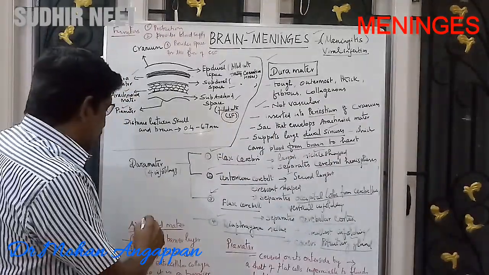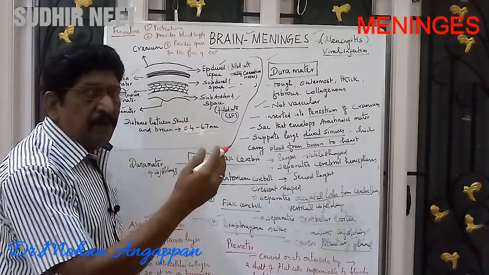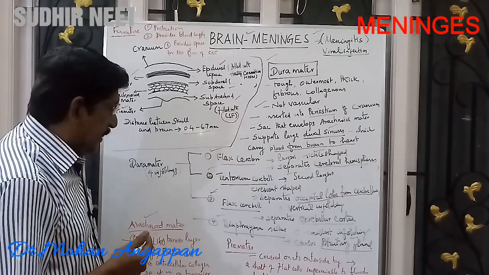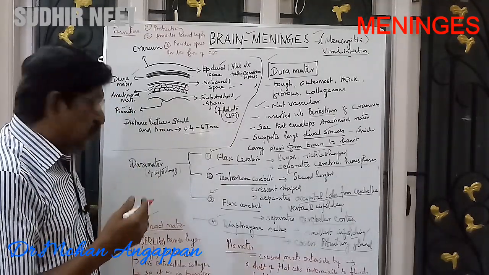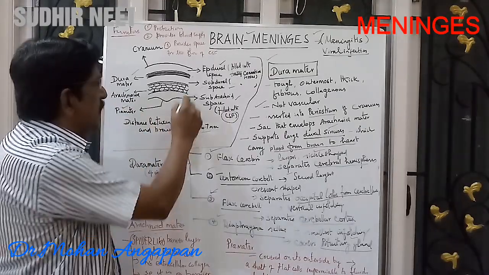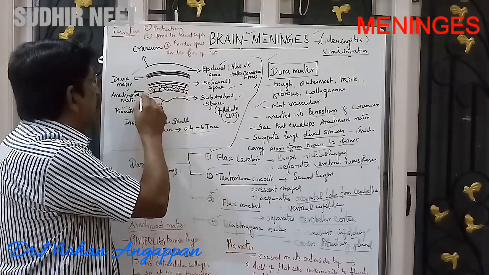Then coming to the next, the ARACHNOID matter, the second, middle layer. It is web-like, spider-like. You can see here, it's a web-like, spider-like arachnoid matter.